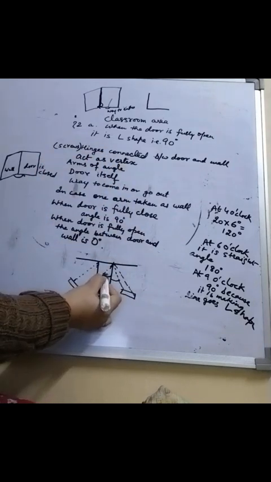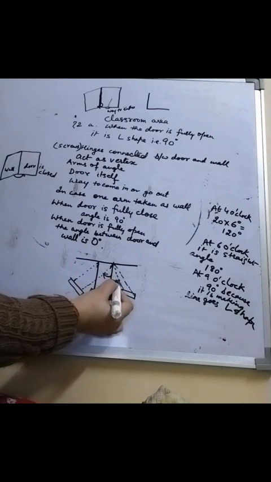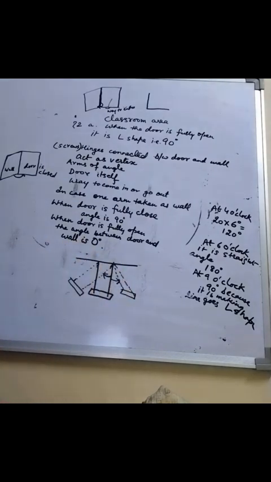So here the rotation is in the forward direction and here the rotation is backward direction, and this is the vertical position of the swing. With this I think, okay, there are some other questions also.